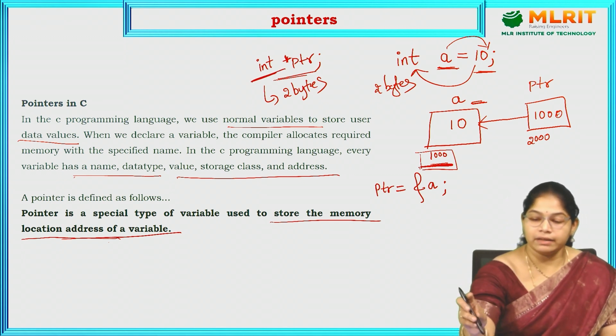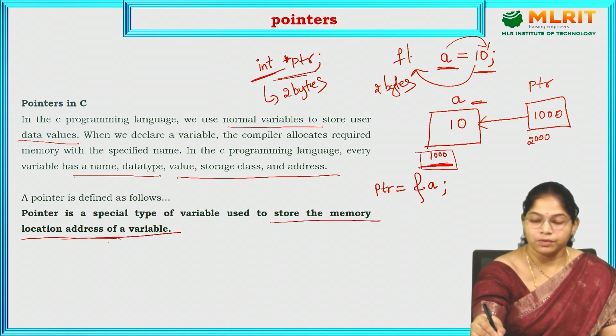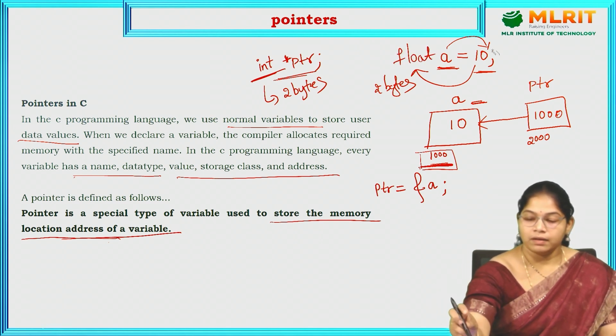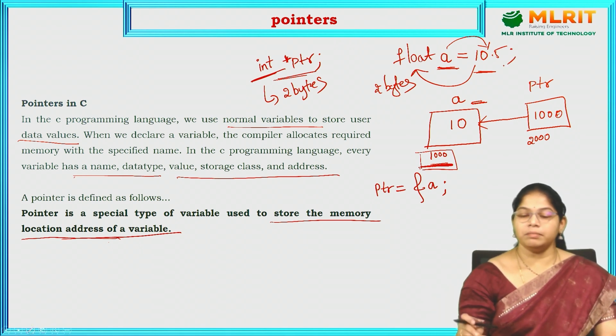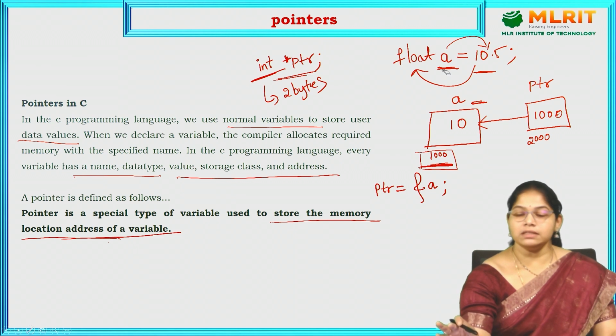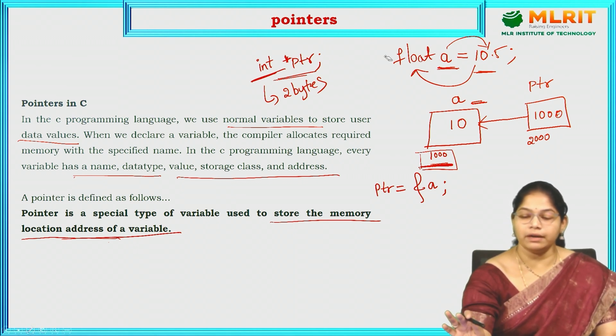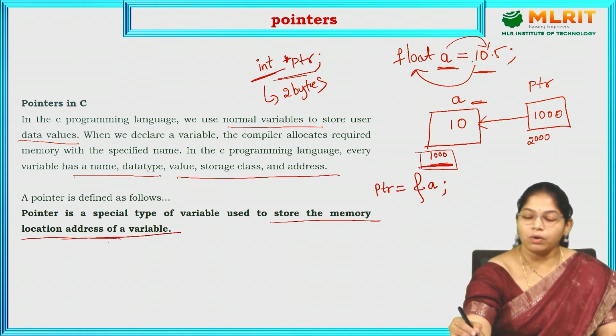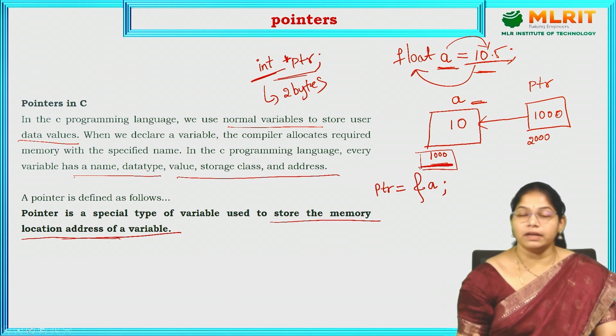If I declare a particular variable like float a = 10.5, that means here variable a is float data type which is holding the data 10.5.